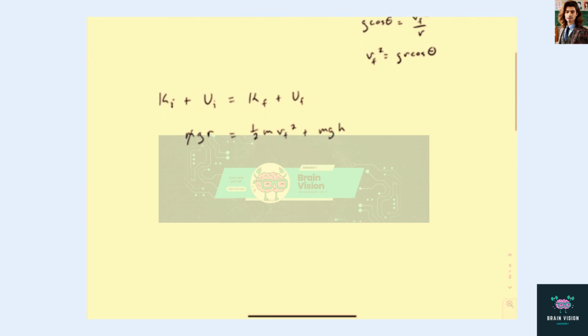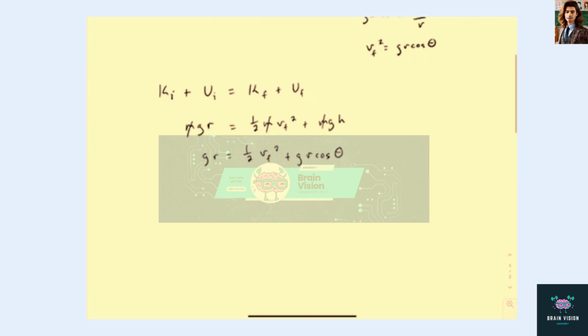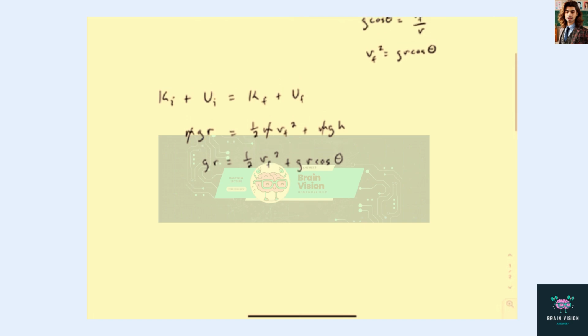Well, first we can cancel the masses, and we get gr equals 1/2 vf squared plus g, and h is r cosine theta. And then vf squared we have up here.